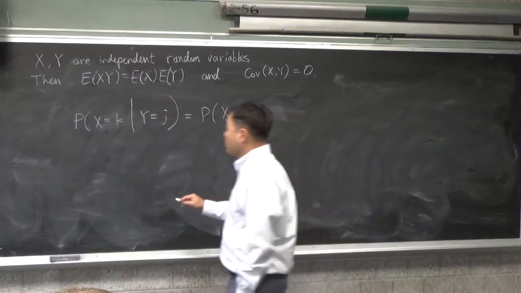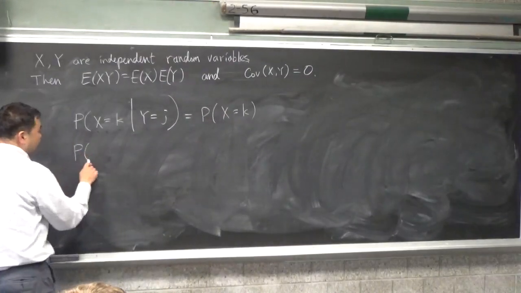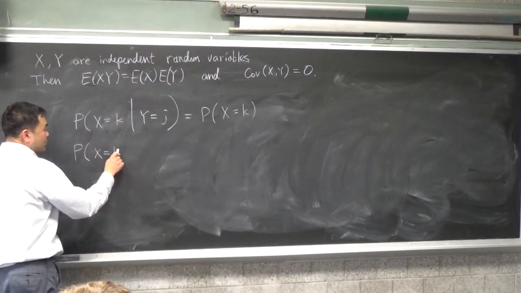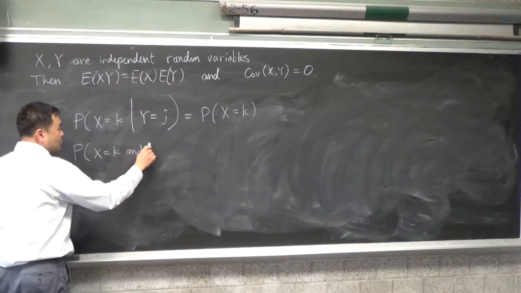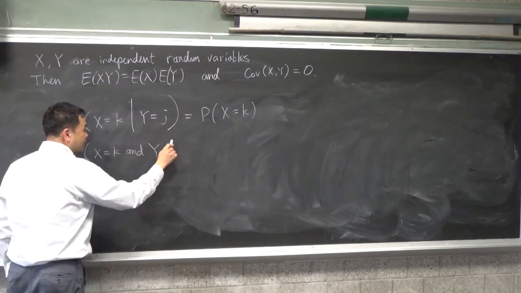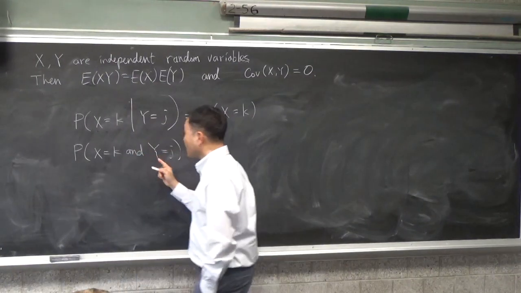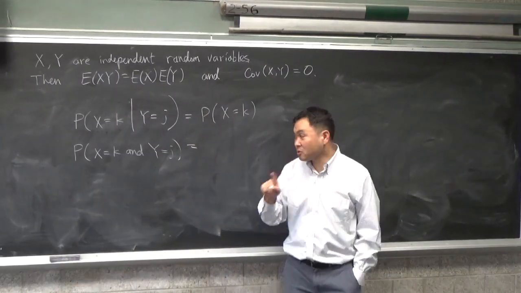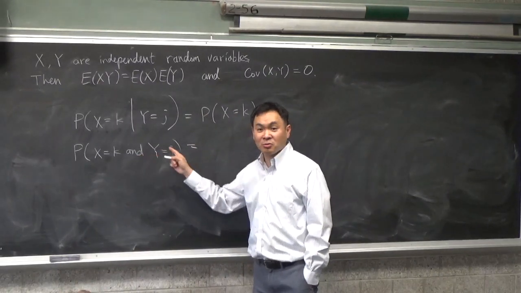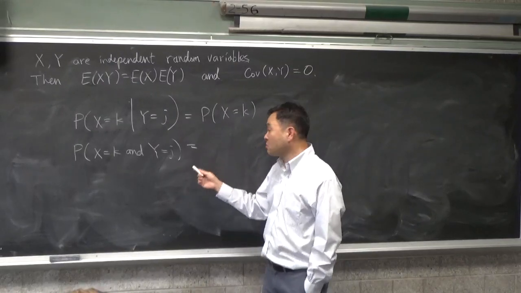And because X equals k and Y equals j are two things happening at the same time, we learned that to calculate the probability of two things happening at the same time, you have to multiply, right?